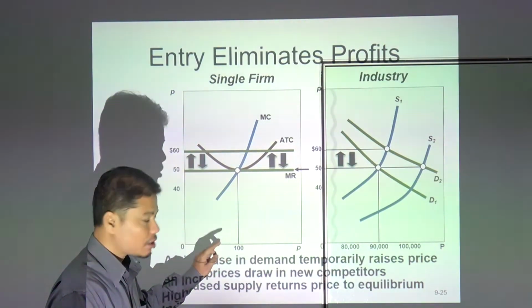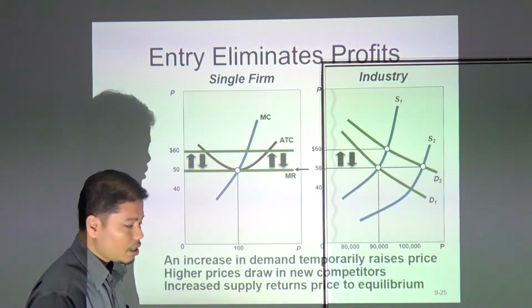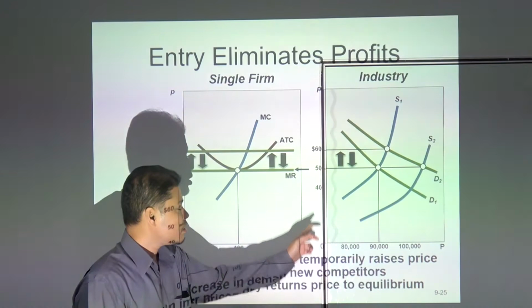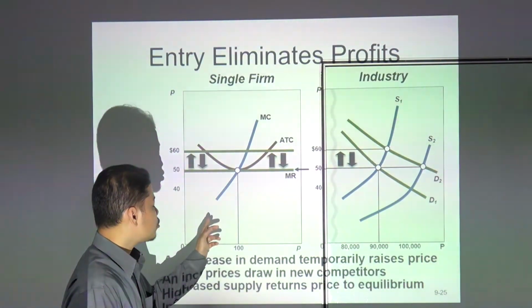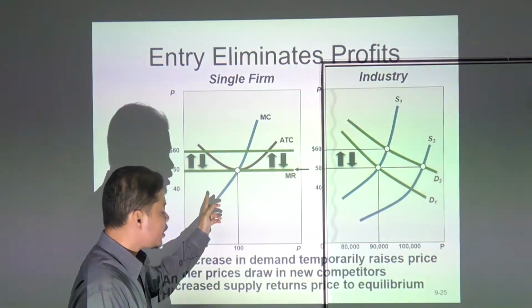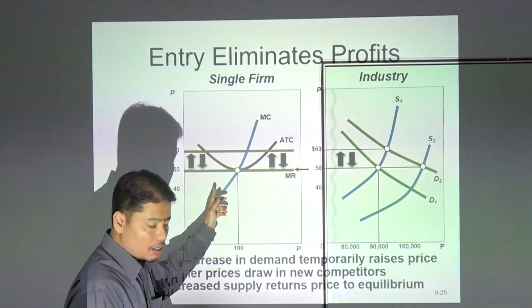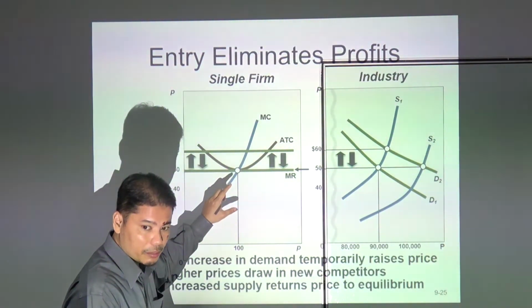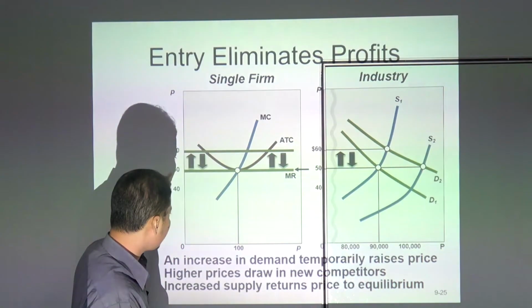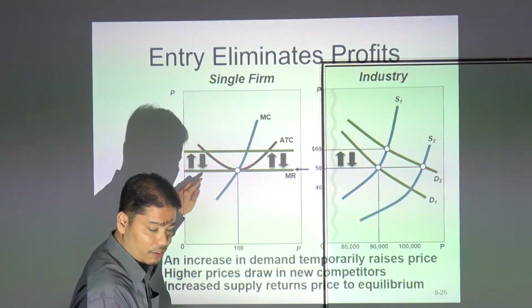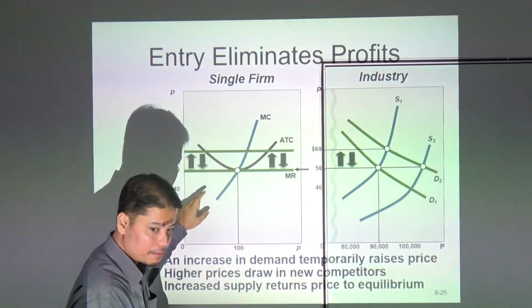When the price of the product in the market goes up from $50 to $60, firms will be making economic profits.